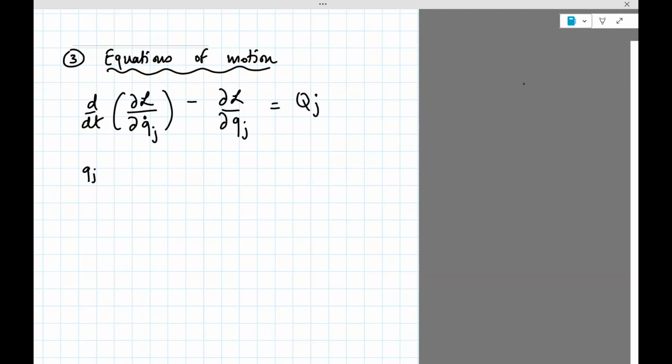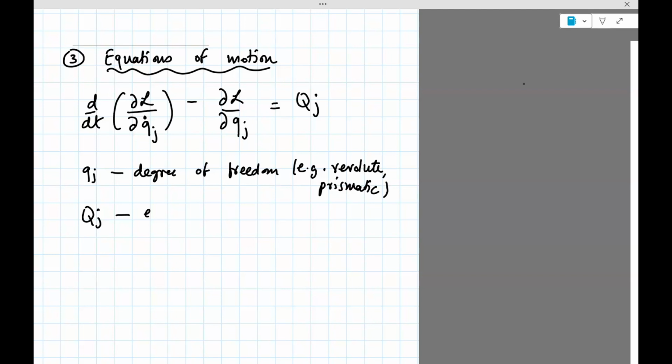So what are all these things? Lowercase q is the degree of freedom, so it could be revolute, prismatic, and then the uppercase Qj is the external force or torque.